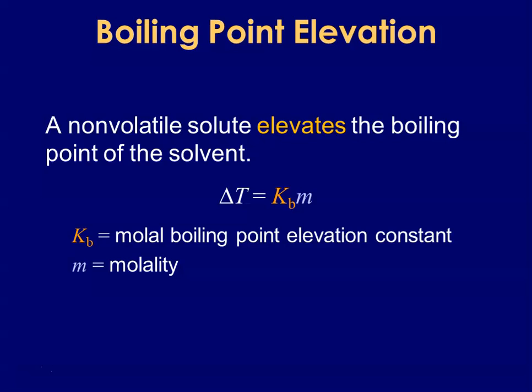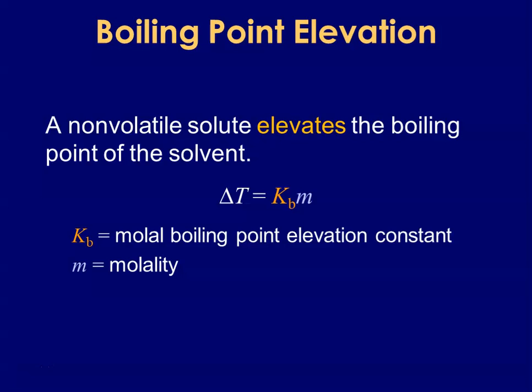With boiling points and with freezing points, adding a non-volatile solute interferes with the ability of the solvent to escape and reach the surface, and so it takes more energy to get those molecules to have the same vapor pressure in the liquid as they do in the atmosphere surrounding it. And so that would cause your boiling point to be higher.